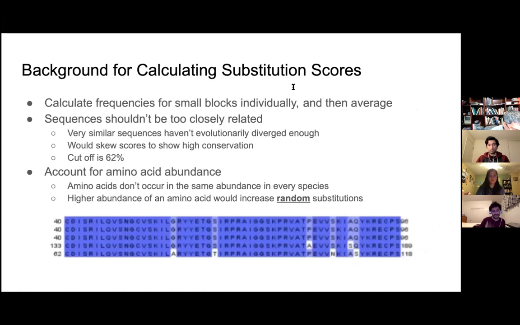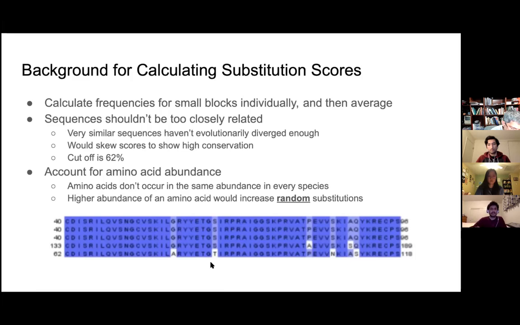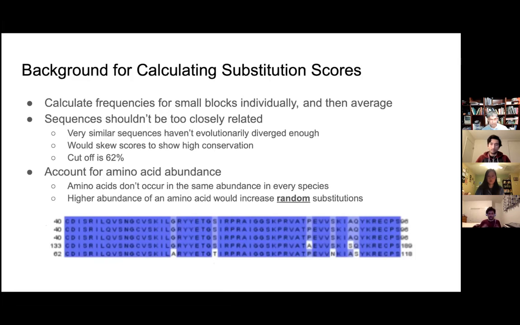So how we get to these BLOSUM scores in the BLOSUM matrix is we look at blocks. This is an example down here. Each row is for the same protein, but in different species. And we'll calculate these scores and frequencies for each block, and we'll do that for multiple blocks and then average those. Two things to note. Sequences that you align here in these blocks shouldn't be very related, because if they're really closely related, they haven't had enough time to evolutionarily diverge, and you'll skew the scores such that you'll say, oh, this has high conservation.